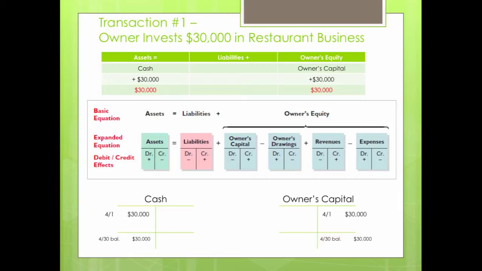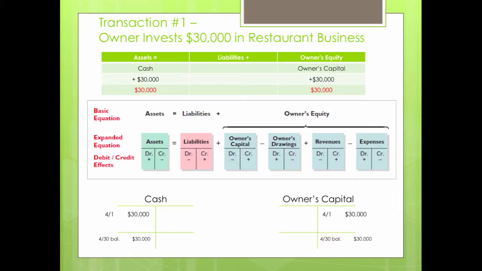Depending on that answer, you will know if you are increasing or decreasing the account. So for this example, you know that you are investing $30,000 in cash. So you know that this is an asset. Okay? So if you look at the asset T account, you increase this account by debiting the account. Okay? Or the left side.